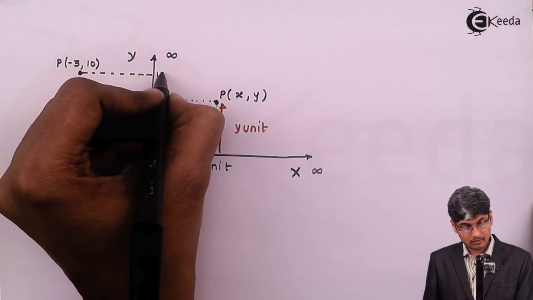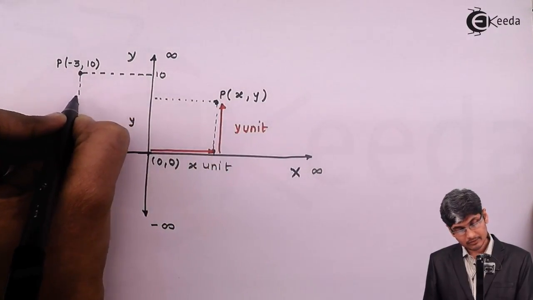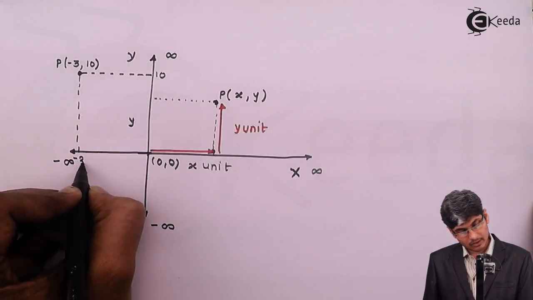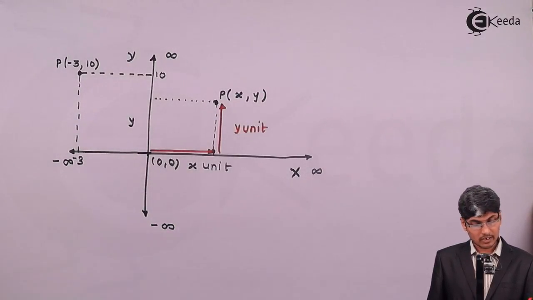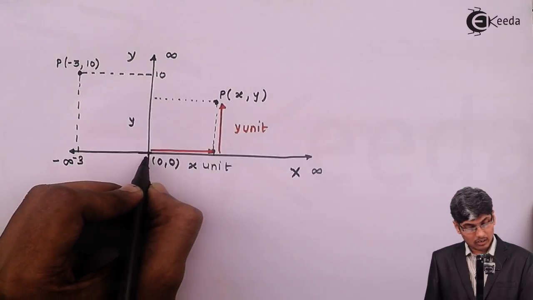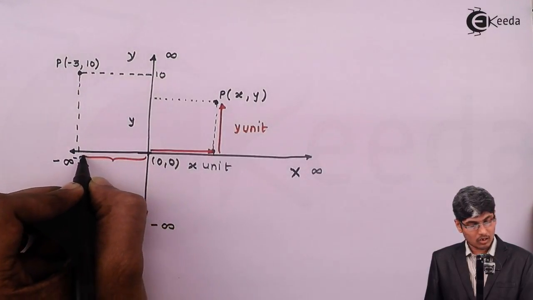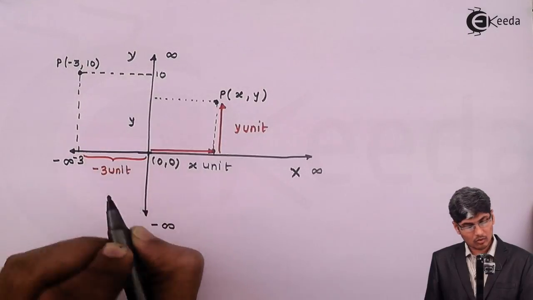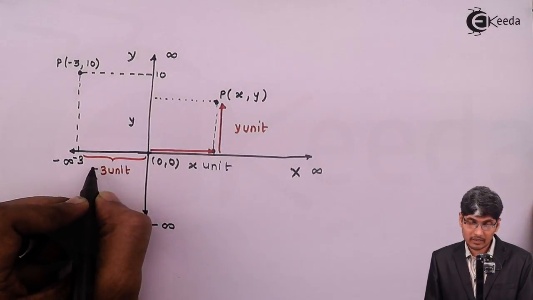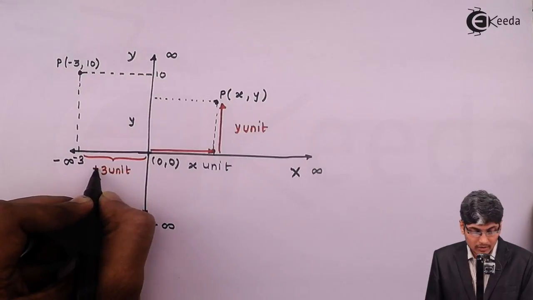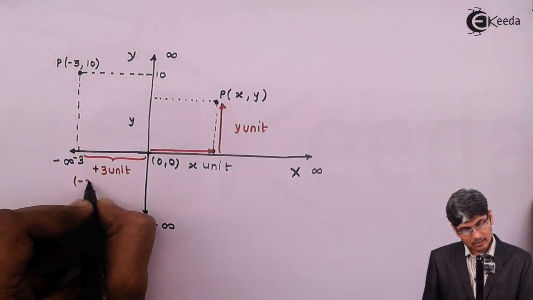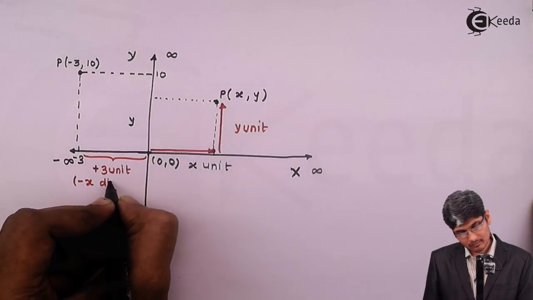This is 10 and this is, we can say, minus 3, right? So what I'm saying is, how much will I walk? Let's not say minus 3 units. I walked only 3 units. In which direction? In the minus x direction. Very important.